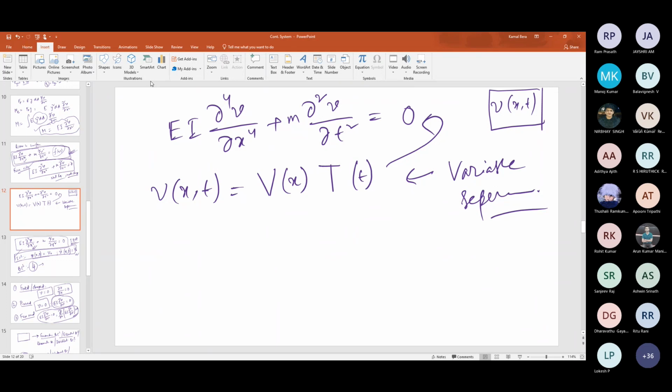EI into T into d power 4 V by dx power 4. Now it will be D, right? Correct, not the del. Yes, sir.